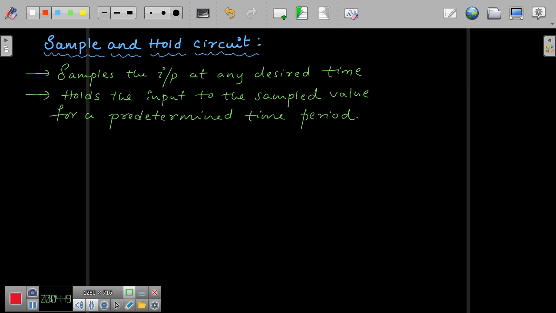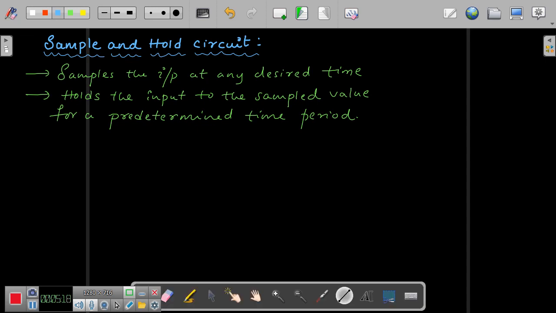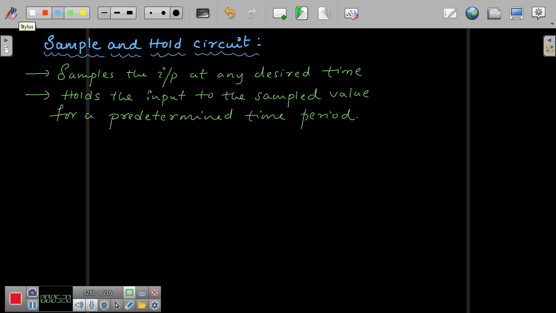Then again the next value is going to be taken, and the process repeats depending upon our requirement. To understand this, let us look at the circuit diagram. Different approaches are given in different books, but please try to understand the concept behind it. So let us now look into the circuit.